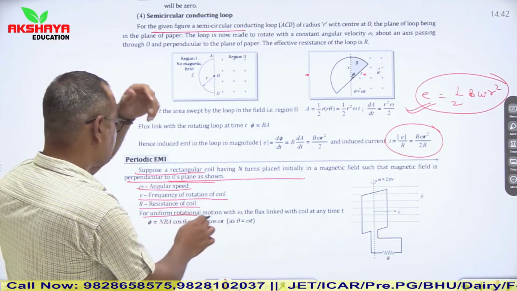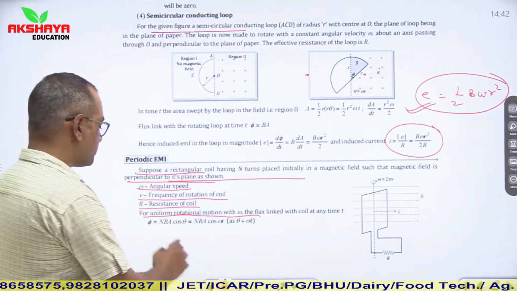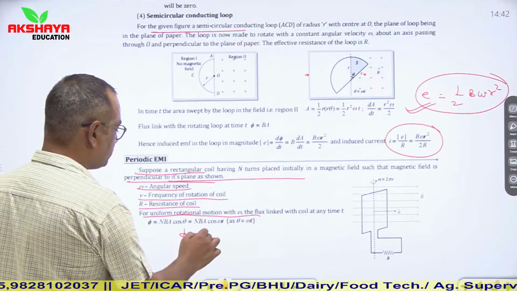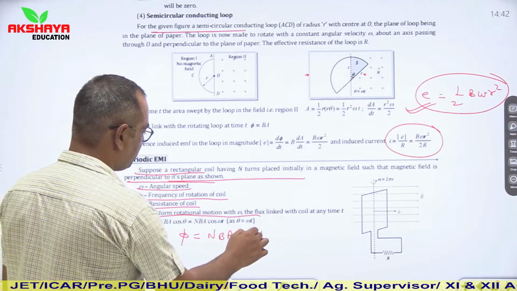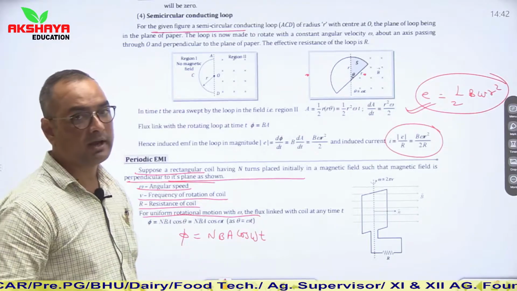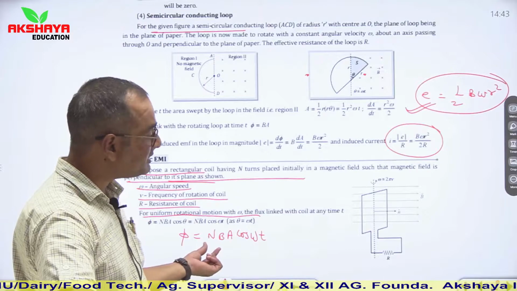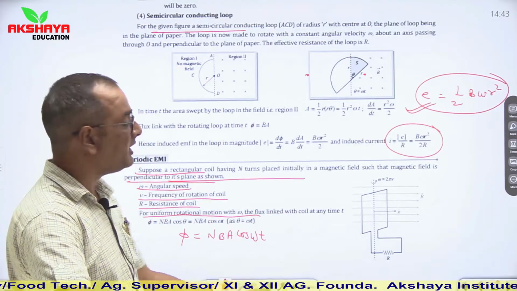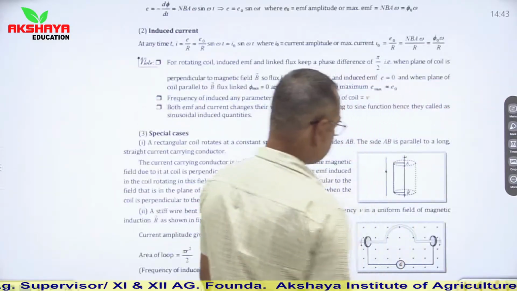For uniform rotational motion with omega, the flux linked with the coil at any time t: phi will be equal to NBA cos omega t. Theta can be made equal to omega t. Omega is angular frequency, t is time, N is the number of turns, B is the magnetic field, and A is the area of this rectangular coil. So this is the flux.